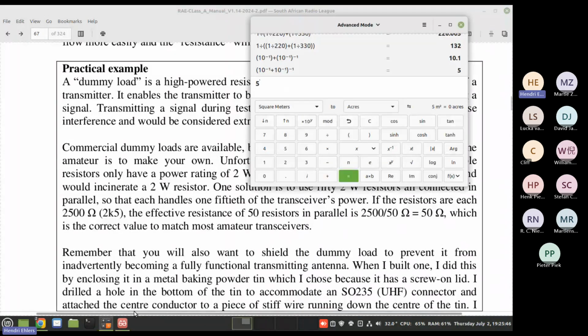So we can grab our calculator and we can say, if we take 50, we divide that by... no, not 100.